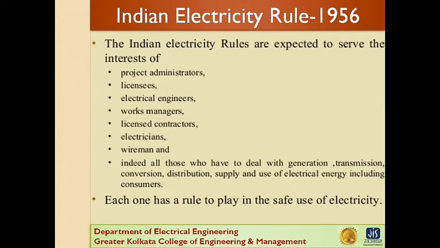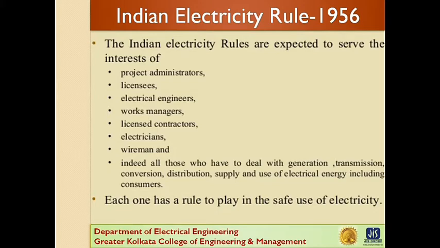The Indian Electricity Rules are expected to serve the interests of project administrators, licensees, electrical engineers, work managers, licensed contractors, electricians, wiremen, and indeed all those who have to deal with generation, transmission, conversion, distribution, supply and use of electrical energy, including customers.